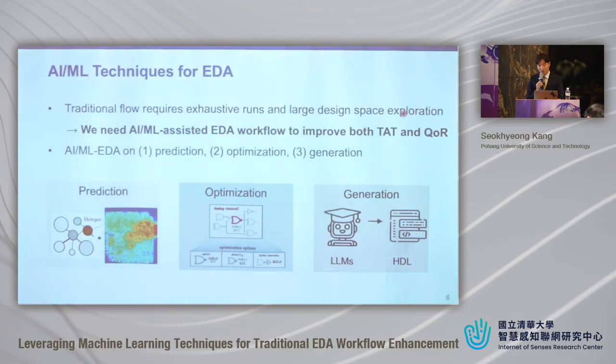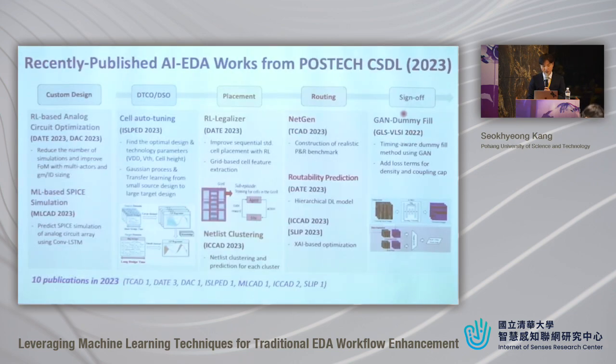The one is prediction, another one is optimization, and the last one is generation. So our group is working on these three categories, and this is our recently published AI EDA work from 2 years ago.